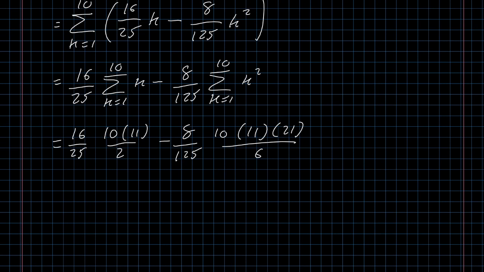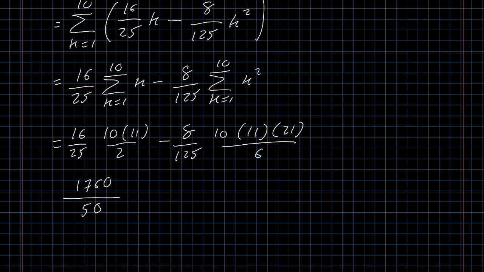My calculator is very happy to tell me that if I have 16 times 10 times 11, that is 1,760. If I have 25 times 2, that's 50.